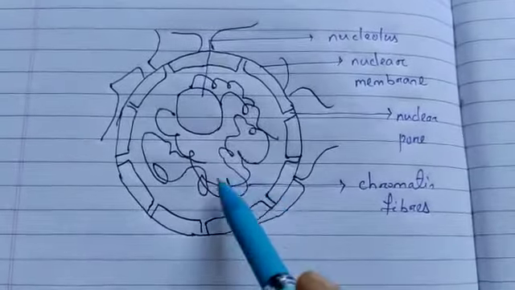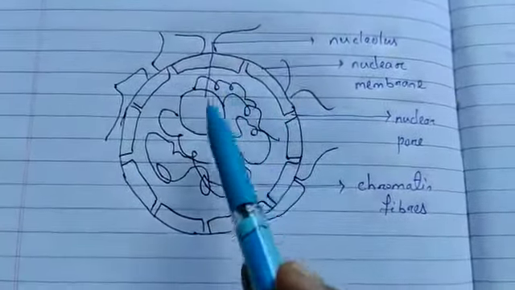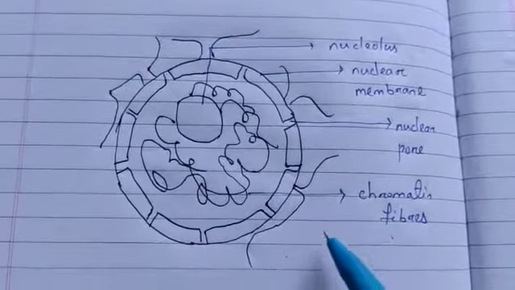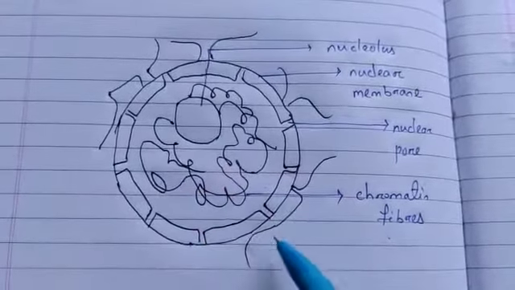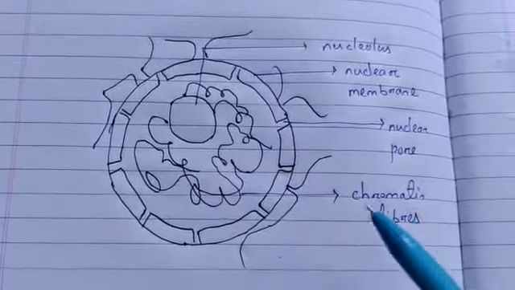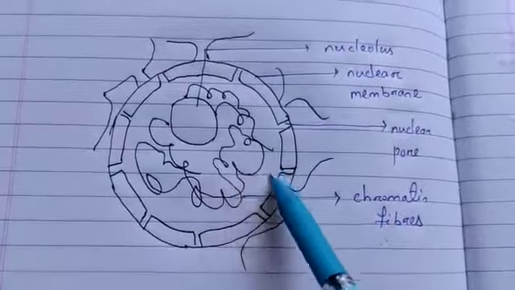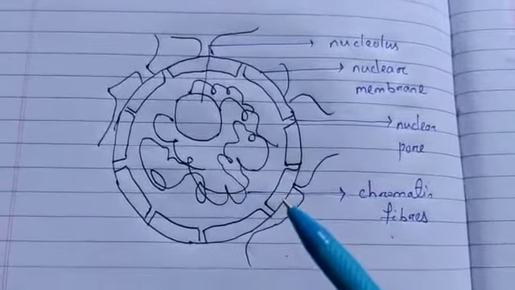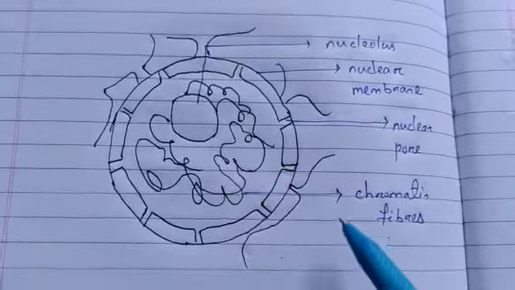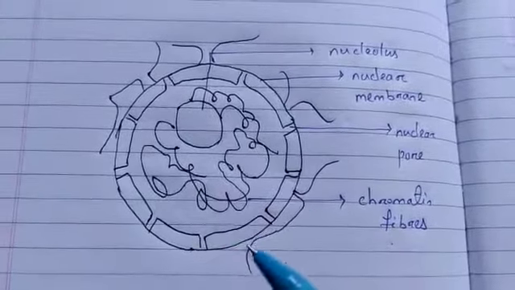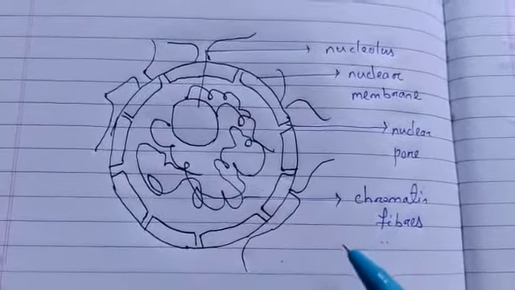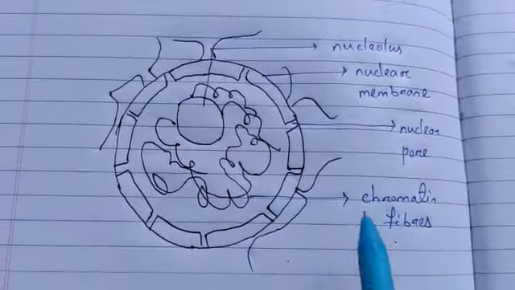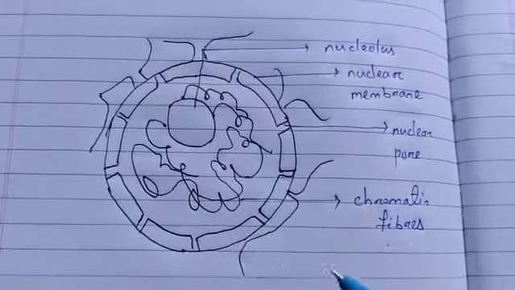You can see here an entangled mass of thread-like structures known as chromatin fibers or chromatin material. Whenever the cell is about to divide, this chromatin material gets organized into chromosomes. When the cell is not dividing, it is present as chromatin fibers, and when the cell is going to divide, these fibers are organized into chromosomes, visible as rod-shaped structures.